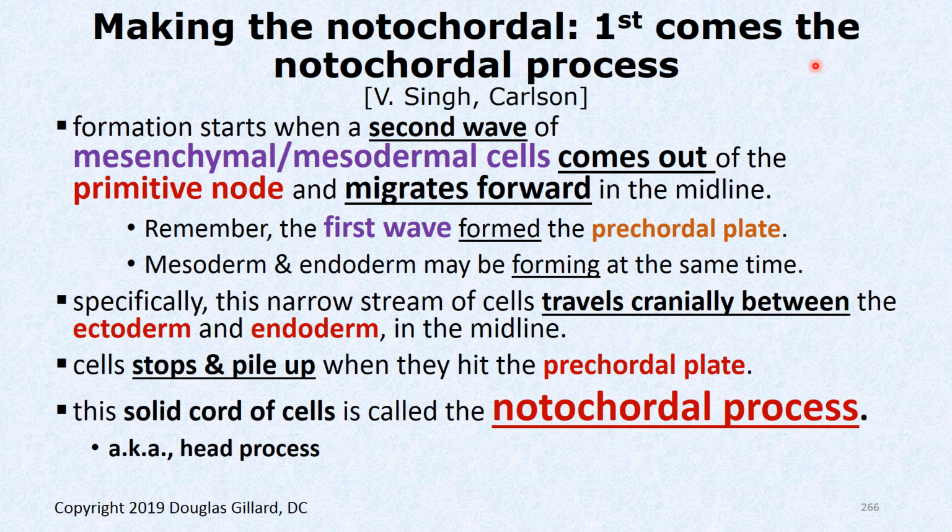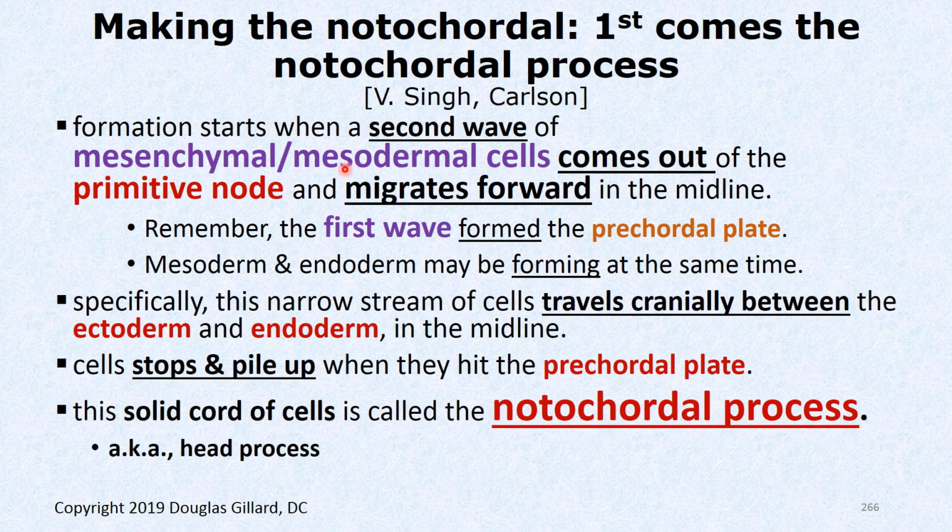All right, so the first step in making a notochord is making its precursor, which is called the notochordal process. And this starts from a second wave of these weird mesenchymal bottle cells. Remember, the epithelial cells go through the primitive streak and they turn into a bottle or flask-like cell, which is a mesenchymal cell.